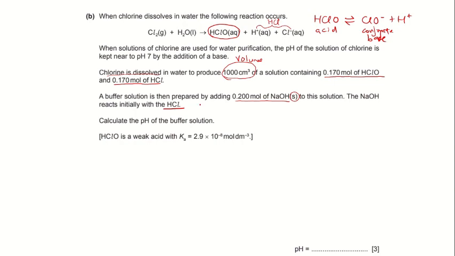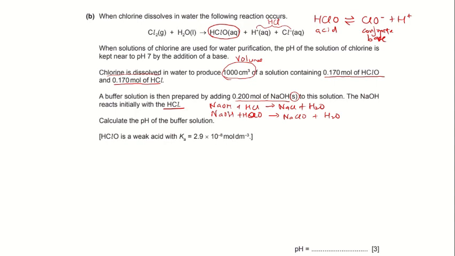NaOH will react with HCl, and will also react with the weak acid HClO. So I get NaClO and also H2O. For both neutralizations, there is a 1:1 mole ratio in both the equations.